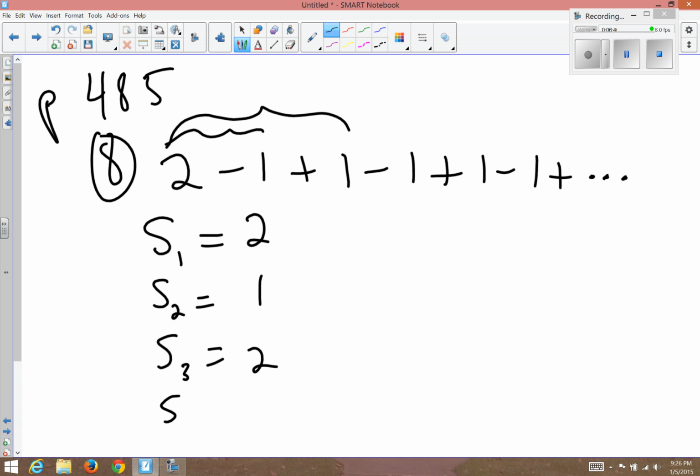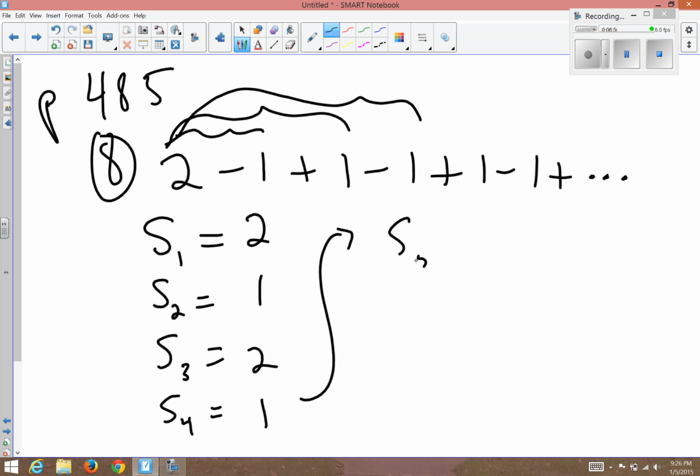S sub 4 means the sum of the first four terms, 2 minus 1 plus 1 minus 1, which is 1. S sub 5 means the sum of the first 5, which is 2, etc.